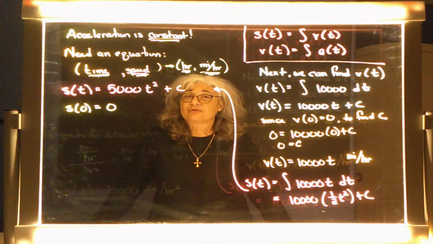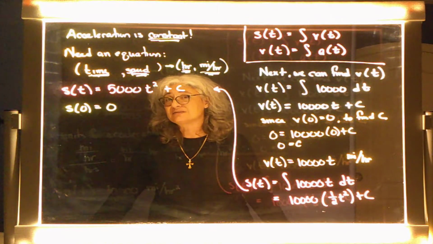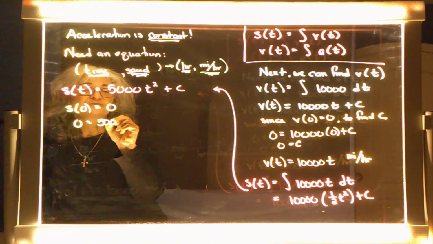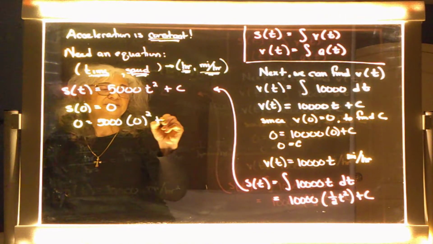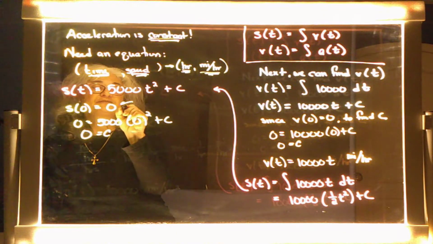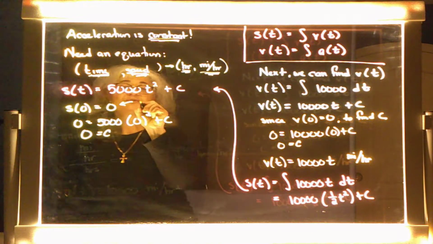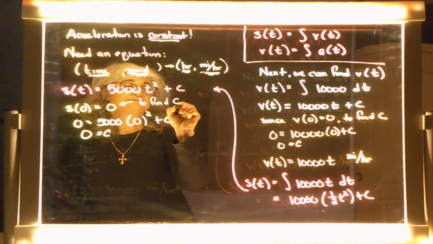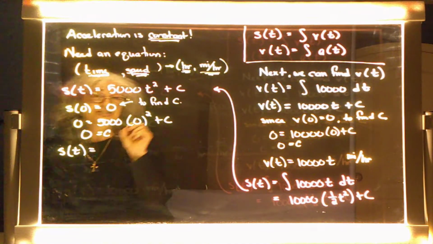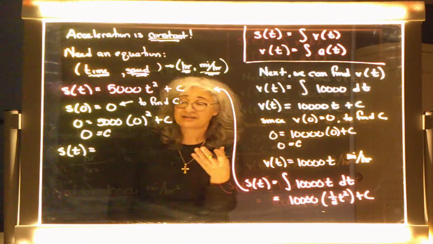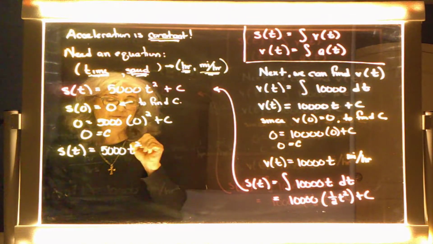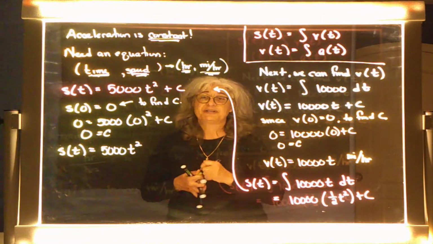We haven't gone anywhere. The distance would just be 0, wouldn't it? So if we plug it in, 0 equals 5,000 times 0 squared plus c, which means c equals 0 again. Woohoo! This piece of information, s of 0 equals 0, was to find c. Which means your distance equation, the starting point equation, s of t, is going to be 5,000 times t squared. Yay! Constants are dropping out.